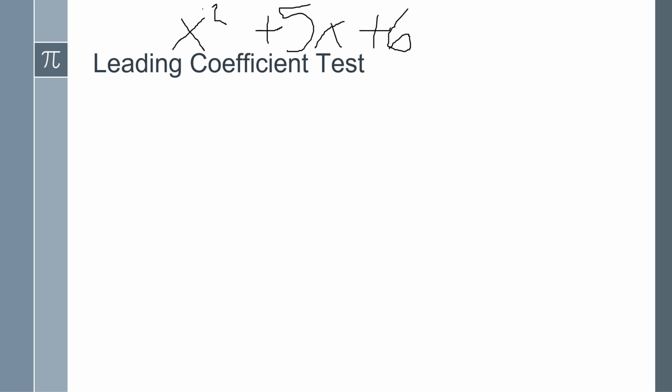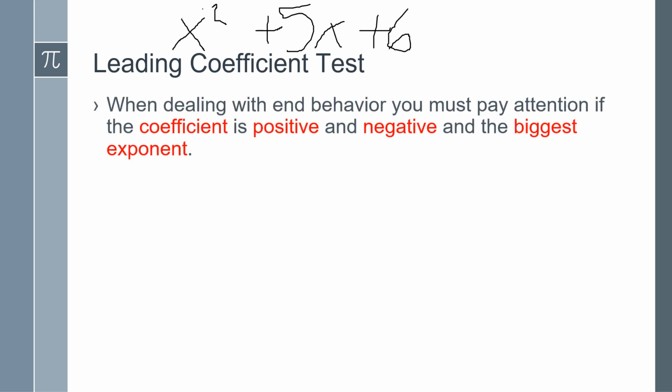And we know a coefficient is the number in front of the variable. So when you're dealing with end behavior, you must pay attention to whether your coefficient is positive or negative and the biggest exponent. Like for example, you know this trinomial so well: x squared plus 5x plus 6.